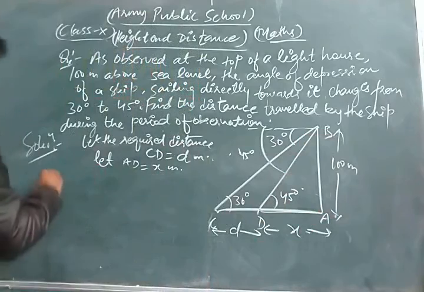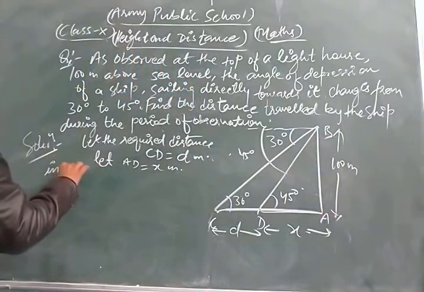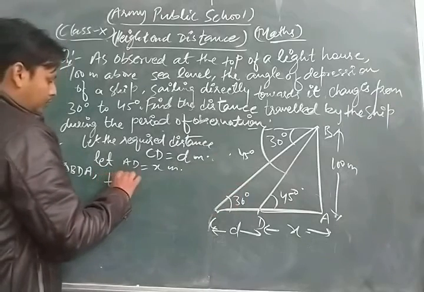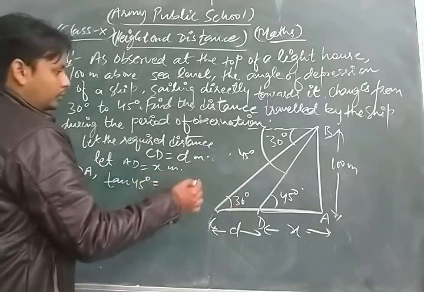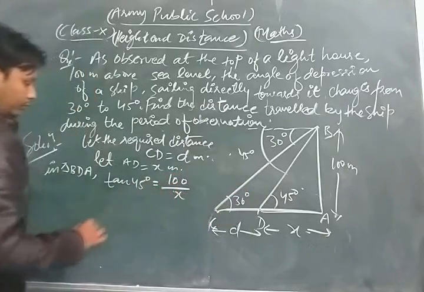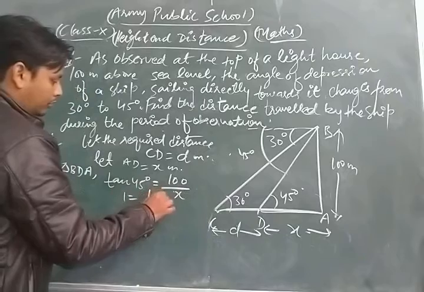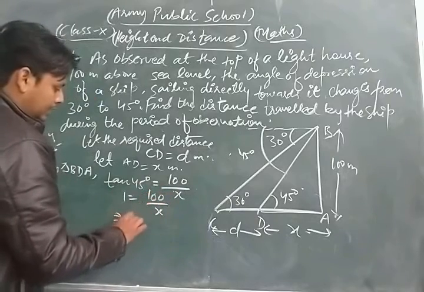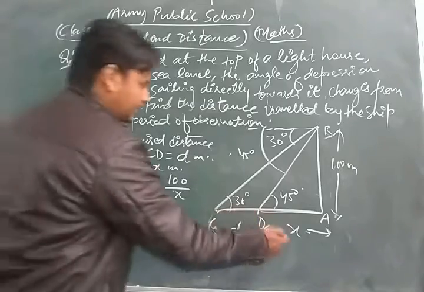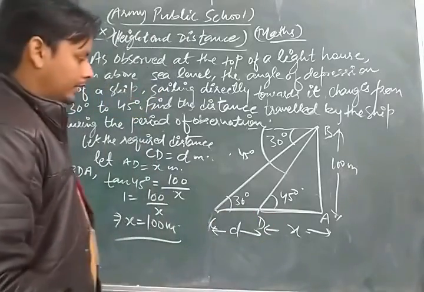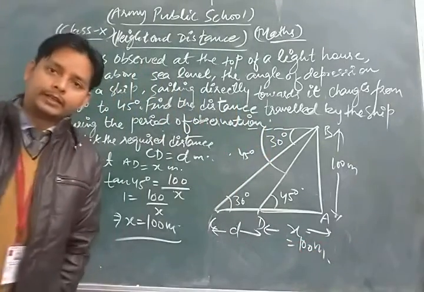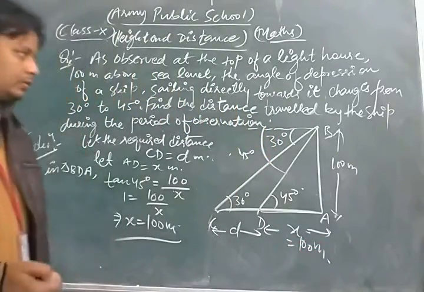In triangle BDA, we have perpendicular and base, so we apply the tan rule. So tan 45 is equal to perpendicular upon base, which is 100 upon x. The value of tan 45 is 1, so 1 is equal to 100 upon x. That is, the value of x is 100 meters. So the distance AD is equal to 100 meter, which we calculate by the concept of trigonometric ratios.